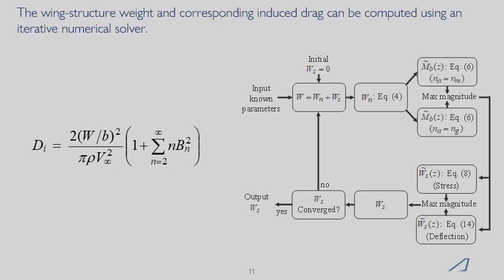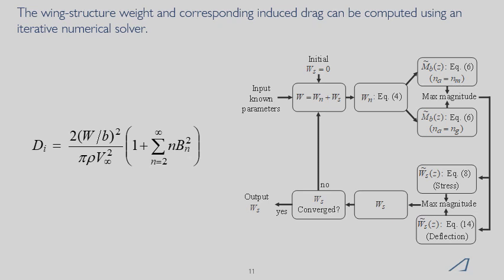And then we relate that bending moment to the wing structure weight using the proportionality coefficient, as we talked about before, and for a wing with arbitrary planform that requires numerical integration. And then when we look at the wing structure weight, we have to consider both the stress and deflection limited designs, because the way that the wing structure weight relates to the bending moments depends on whether we're looking at stress limits or deflection limits.